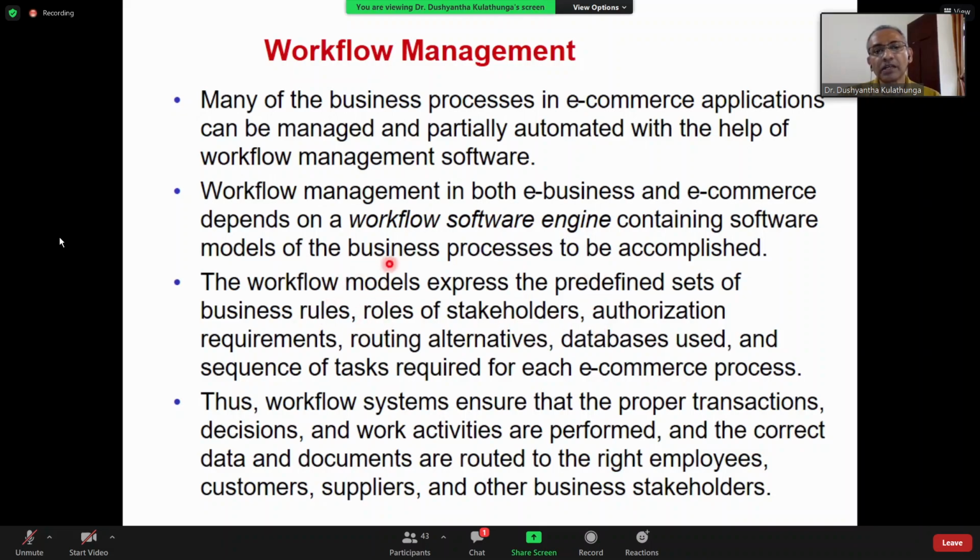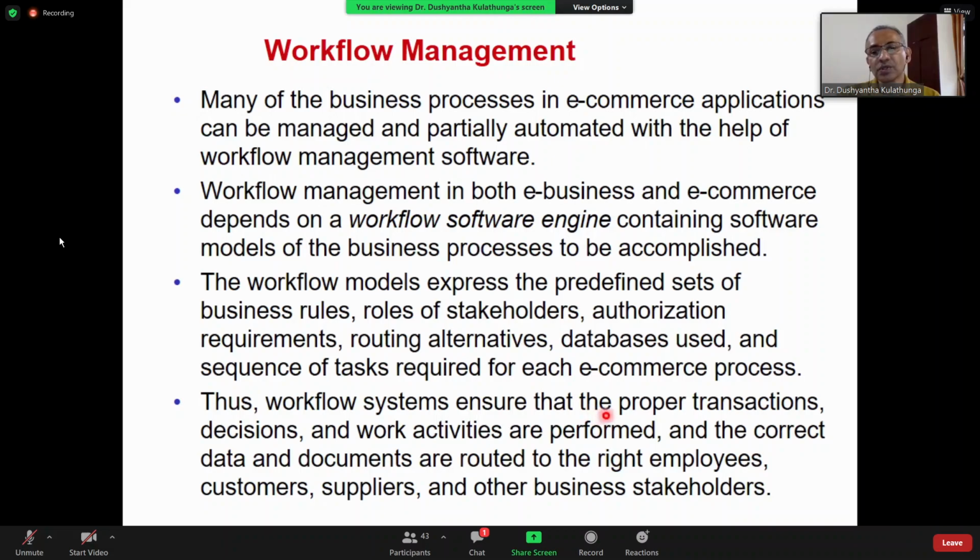There are models available which may not exactly match our requirements, but we are in a position to modify what is available to match our own requirements. So with the help of this software, we can develop an automated business process related to e-commerce applications or e-commerce transactions.